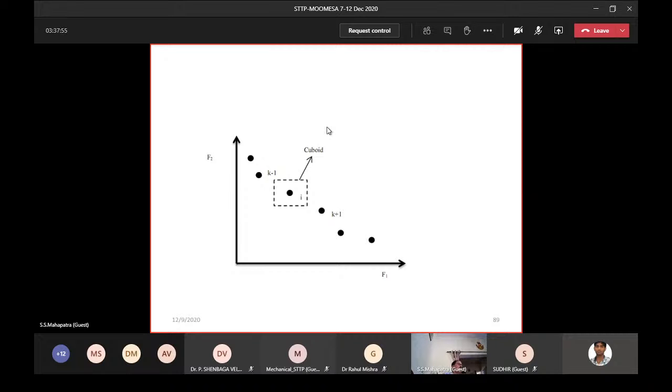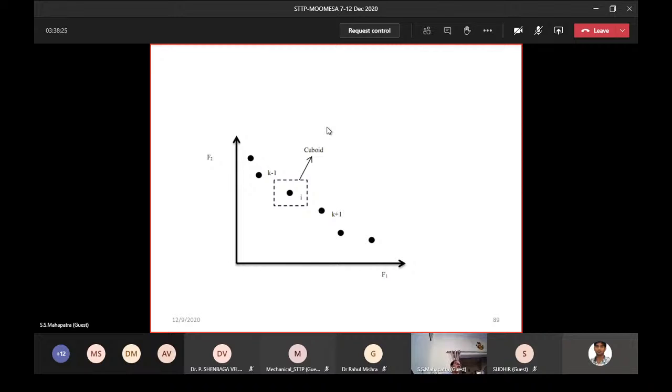In the genetic algorithm, PSO, TLBO, HS, in all multi-objective algorithms, this is the main thing that we do. Another thing is that the external archive will fill up. So from time to time, when you get good solutions, some of the solutions which are not better are removed to keep the external archive size fixed.